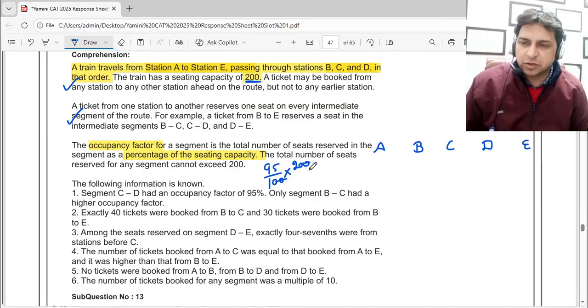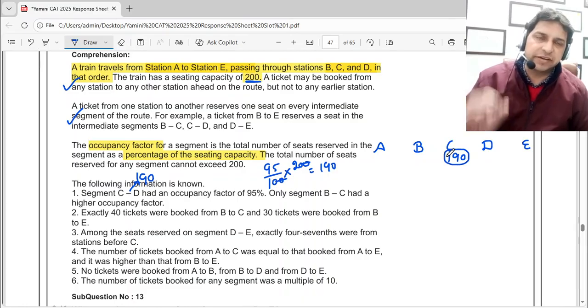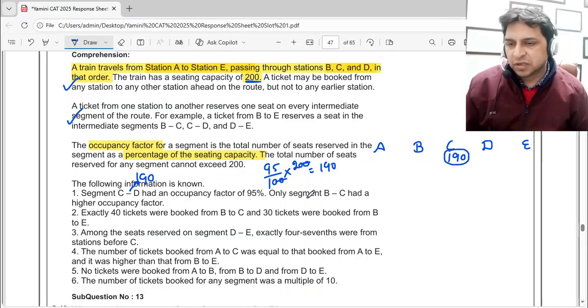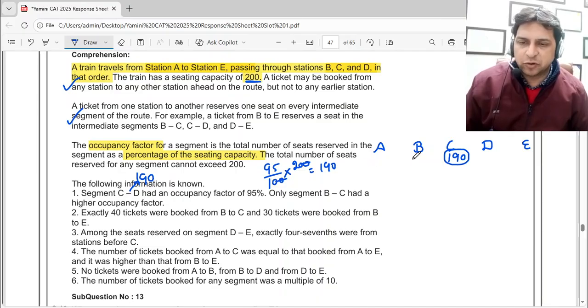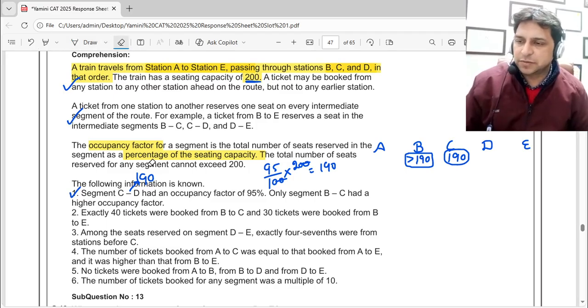That means total 190 people are on this segment C to D. That means at station C there are 190 people in total who were sitting and went till station D. Only segment B to C had a higher occupancy rate. That means at station B there should be more than 190 people in that train. So information number 1 has been used.